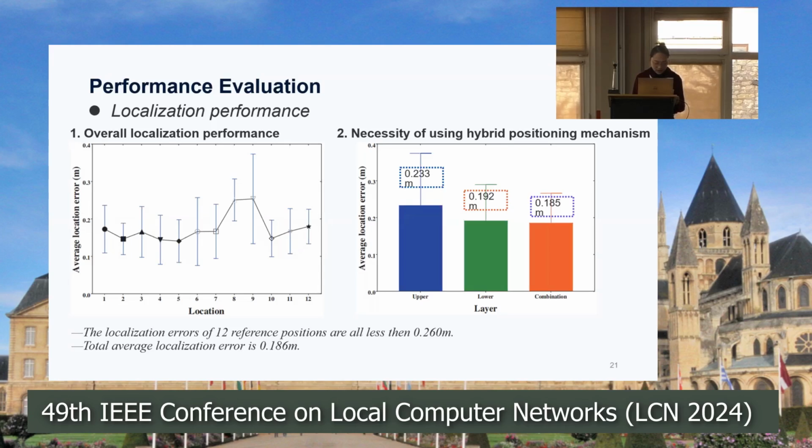As for the necessity of using the hybrid localization mechanism, it can be seen from the right figure that when using only the upper or lower layer, the average localization errors are 0.233 meters and 0.192 meters. While the average localization error drops to 0.185 meters when the 2 layers are superimposed to take effect, which indicates the effectiveness of our mechanism.